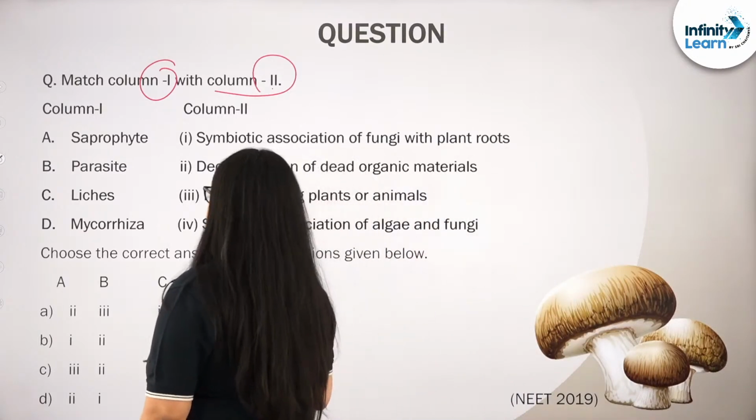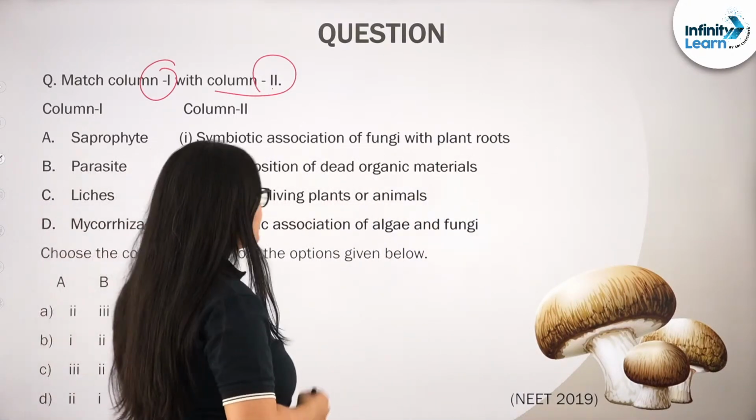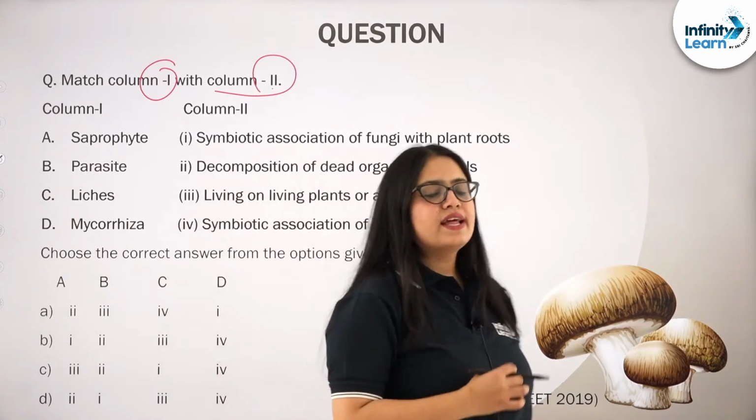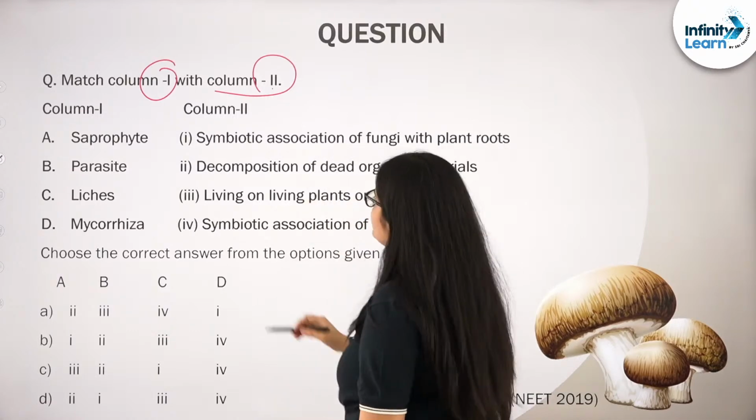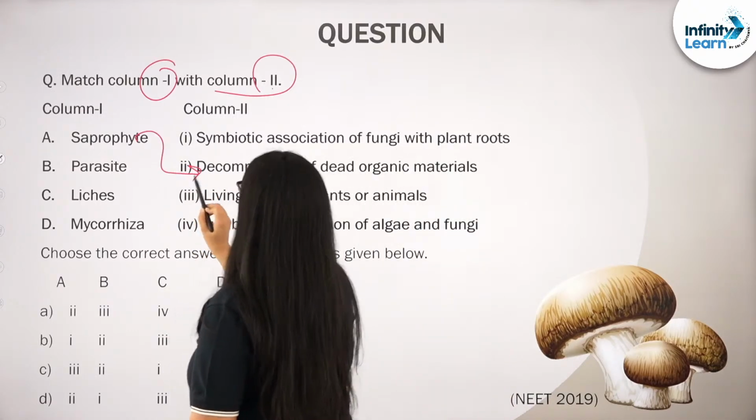What is a saprophyte? Saprophytes are the ones that obtain their nutrition from dead and decaying organic matter. So the correct matching for saprophyte should be decomposition of dead organic matter.